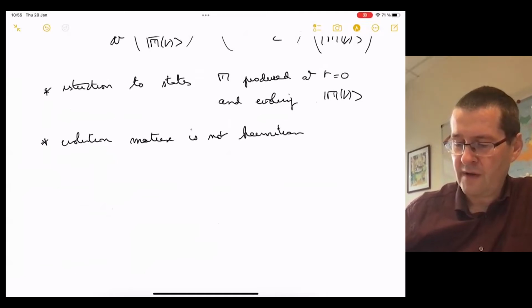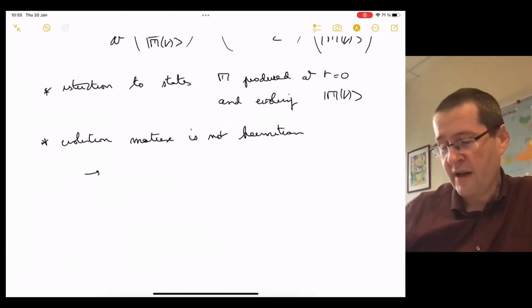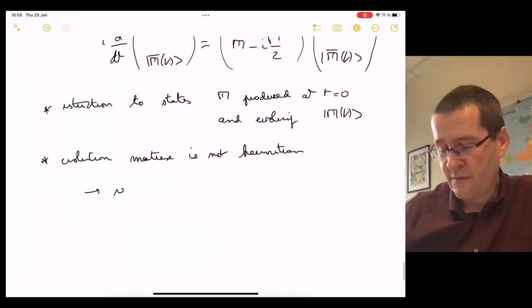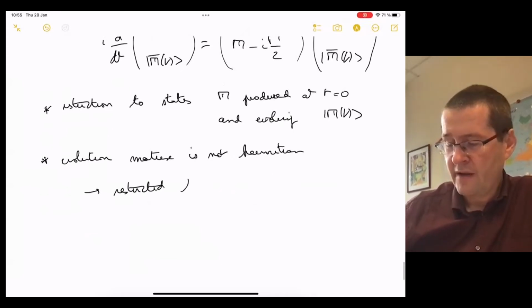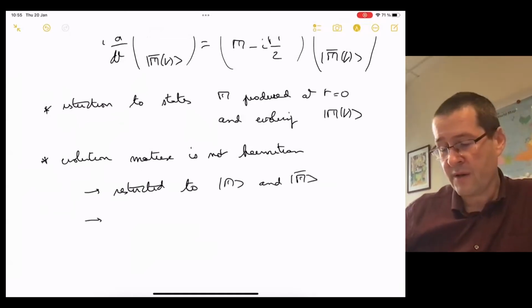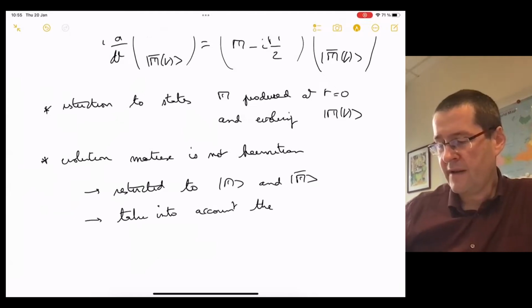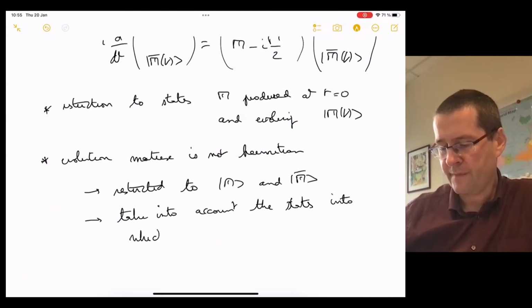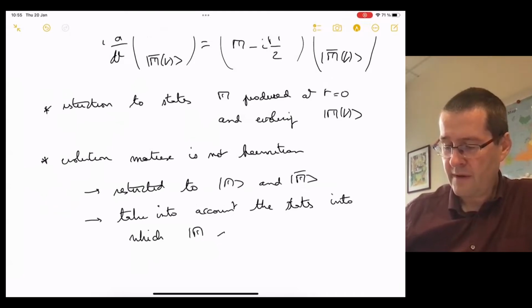And why is it so? It's because you have restricted your system to M and M bar. But at some point, you have to take into account the states into which M and M bar decay.